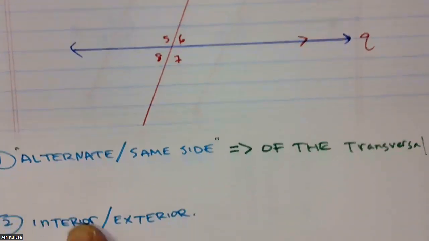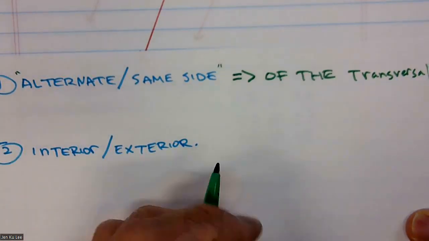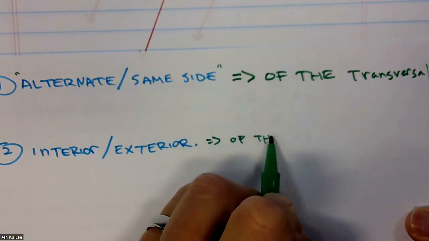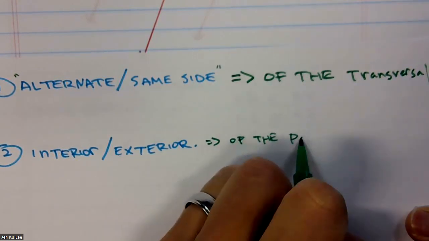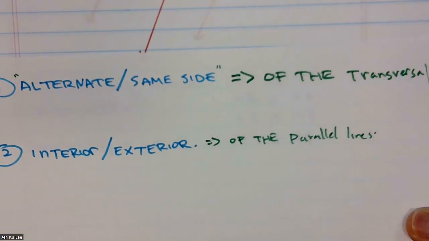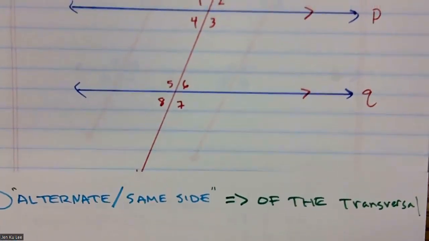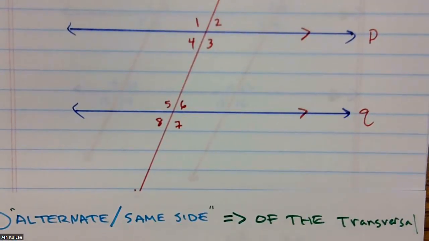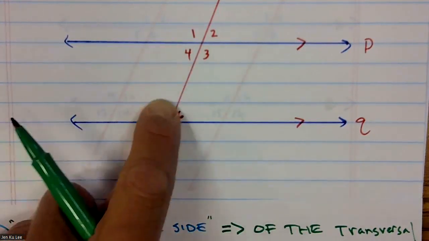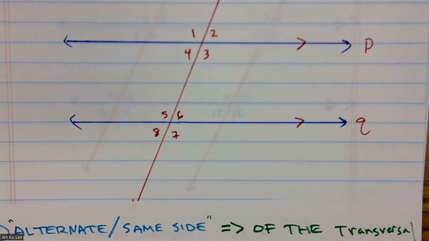Interior or exterior, the group number 2, it means of the parallel lines. Okay? Of the parallel line. So interior of the parallel lines would be 6 and 3, 4 and 5, right? 3, 4, 5, 6 would be the inside of these parallel lines.